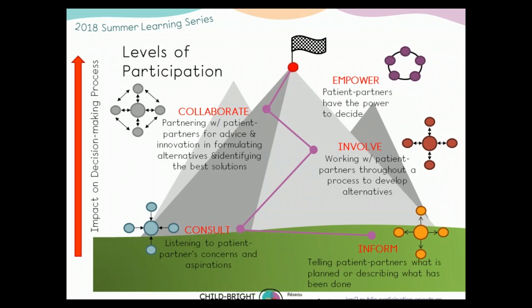And then at the peak of our levels of participation is this idea of empowerment. And here we have the public, and in the case of child rights and the strategy for patient-oriented research, we have patient partners directing all levels of research, and that would involve coming up with priorities, overseeing how work is done, how work is disseminated, and such.